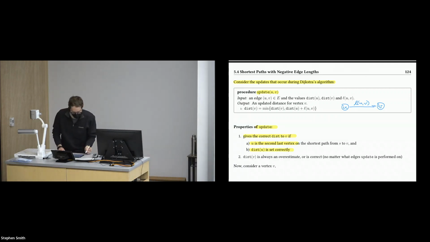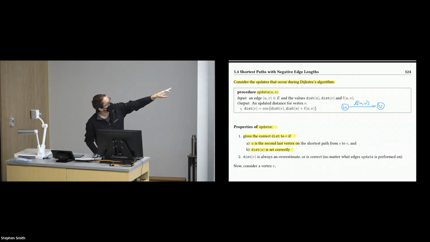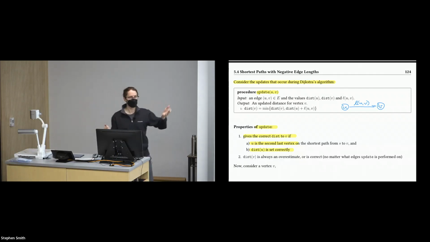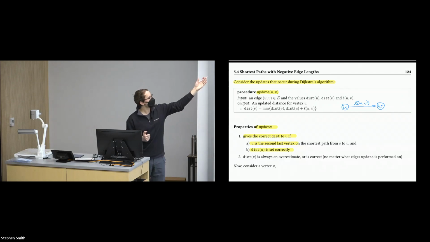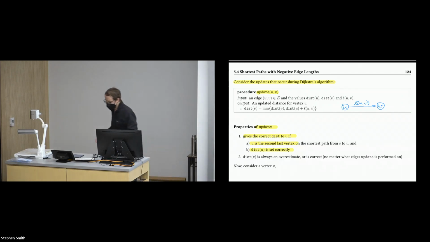And the other possibility is that if dist U plus L_UV isn't actually the shortest path, because the shortest path goes through some other vertex, then I'll just update dist V to a value that's larger than its true shortest path distance. So dist V is always an overestimate, or it's correct. It can never go below the true value.